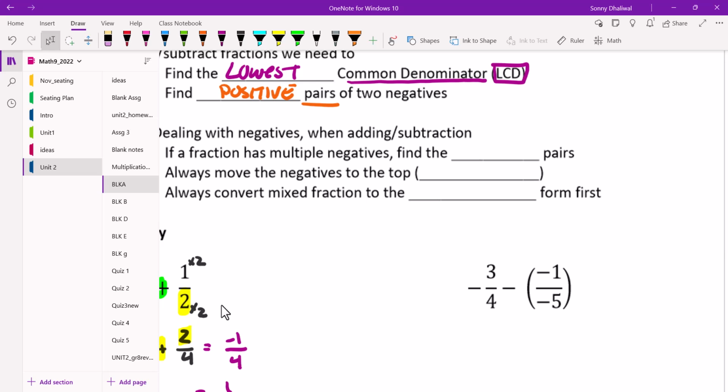But when they're adding and subtracting, you can only cancel negatives on the same fraction. So if a fraction has multiple negatives, find the positive pairs. Always move the negative, if a number is negative, to the top, the numerator. And finally, if you have mixed fractions, turn them into improper.